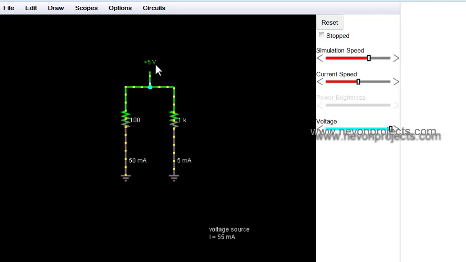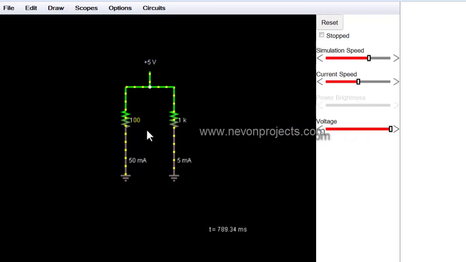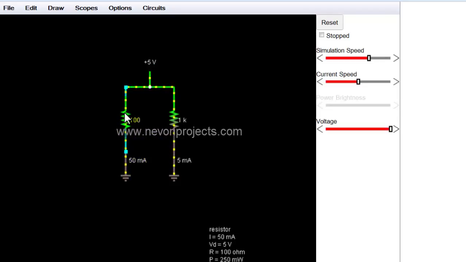So as we have a 5 volt and a resistor of 100 ohm, current can be calculated as 5 by 100, that is 50 milliampere, as shown over here. So in this branch we have 50 milliampere of current flowing.